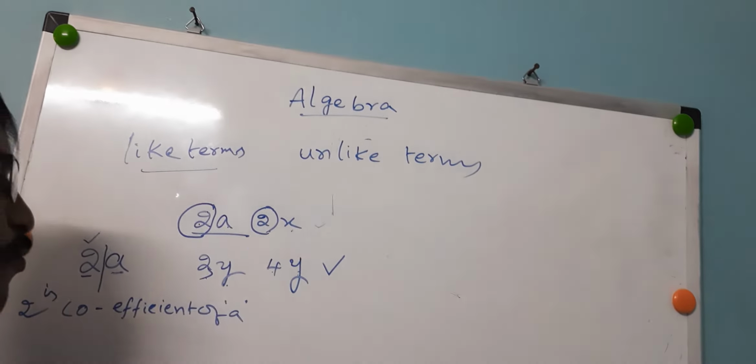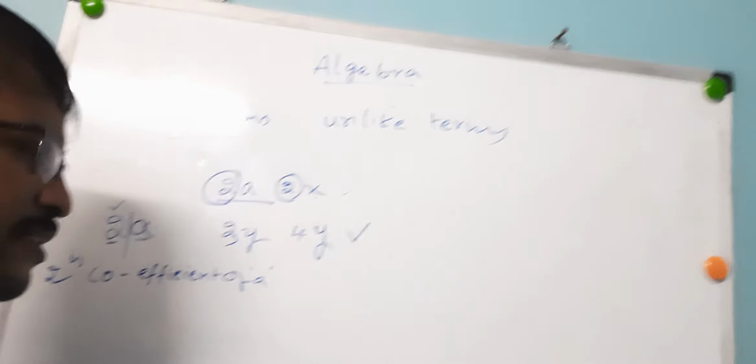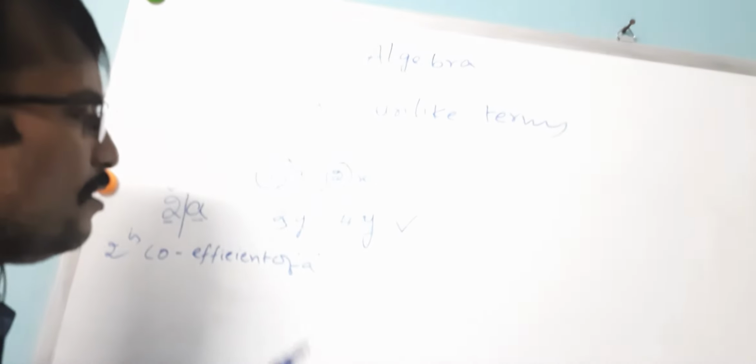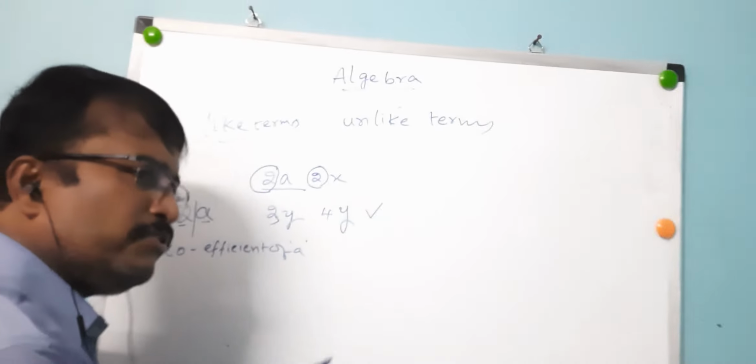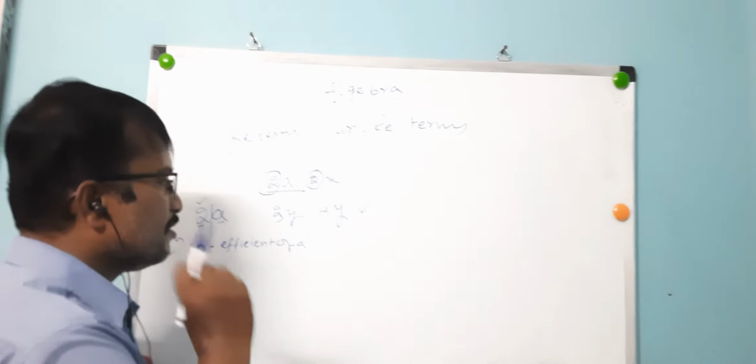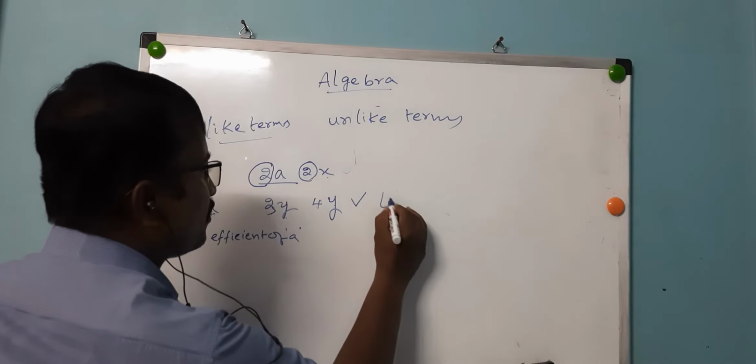So when we have the same variables in terms, we call them like terms.